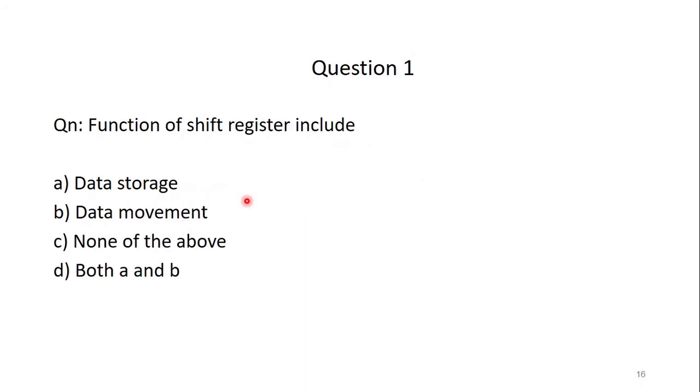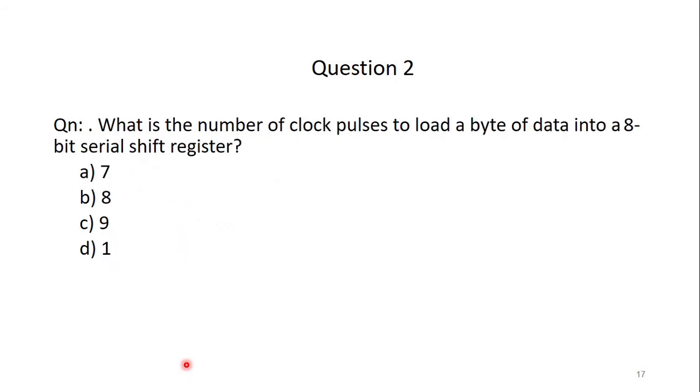Now we can see some of the questions. First, functions of shift register include: data storage, data movement, none of the above, both A and B. Definitely it is both A and B. What is the number of clock pulses to load a byte of data into an 8-bit serial shift register?